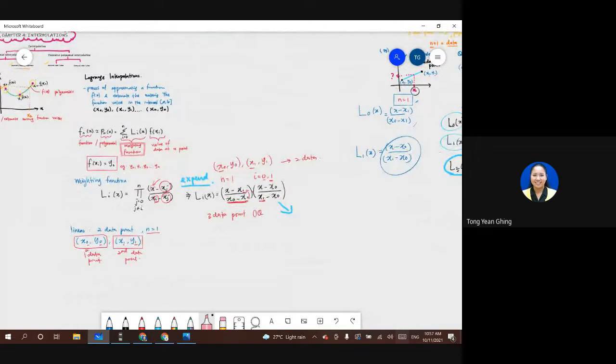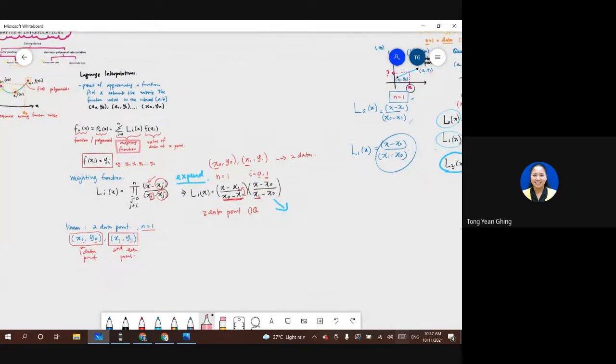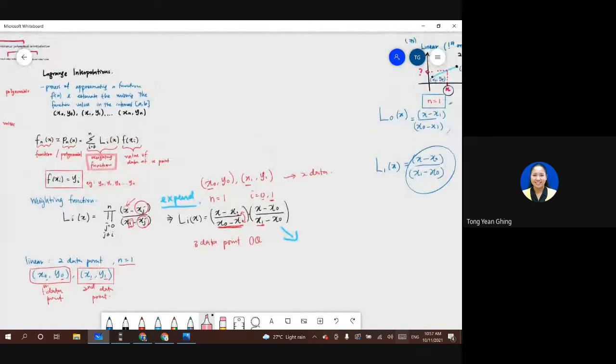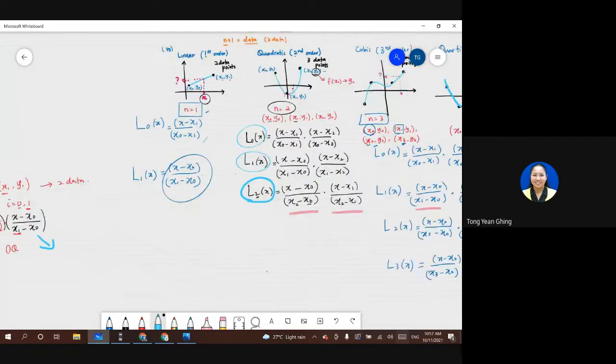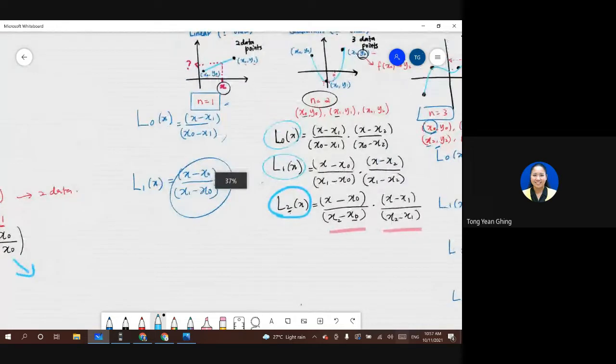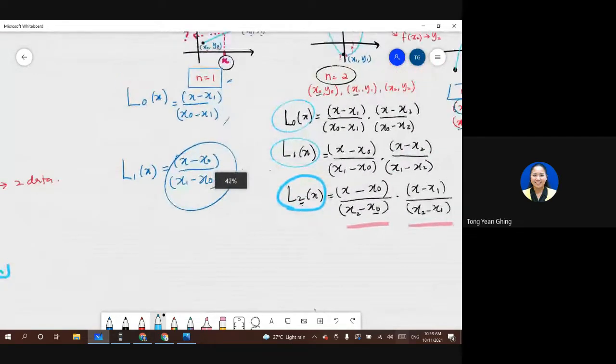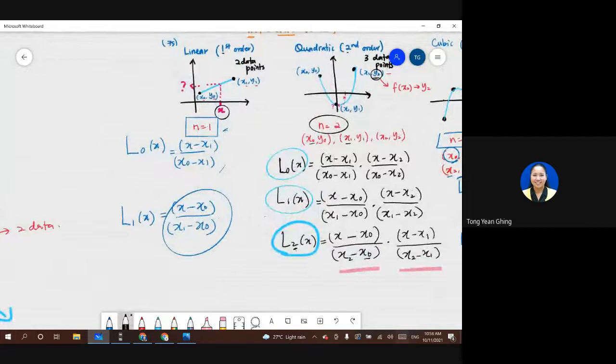This is the weighting function. And after that, in order to find the polynomial function from this weighting function, we have to times with the value of y. So for the linear polynomial, here, the function f(x) is equal to, for this one, P1. Why do I put 1?